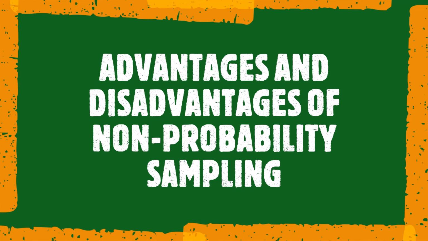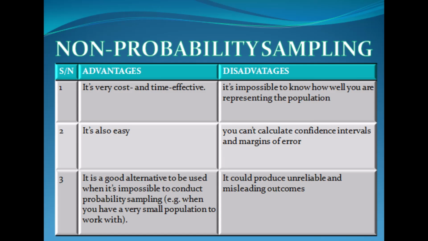But then, let us quickly look at the advantages and disadvantages of non-probability sampling. A major advantage with non-probability sampling is that when compared to probability sampling, it is very cost and time effective.